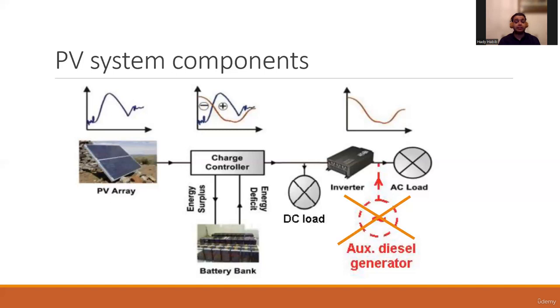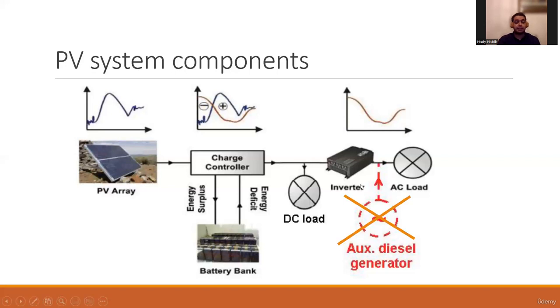And even if we are going to connect the PV system to the grid, as we will illustrate in the next lecture, we may also use an inverter because all the grids are AC grids now, and we need to convert the DC generation of the photovoltaics from DC to AC.